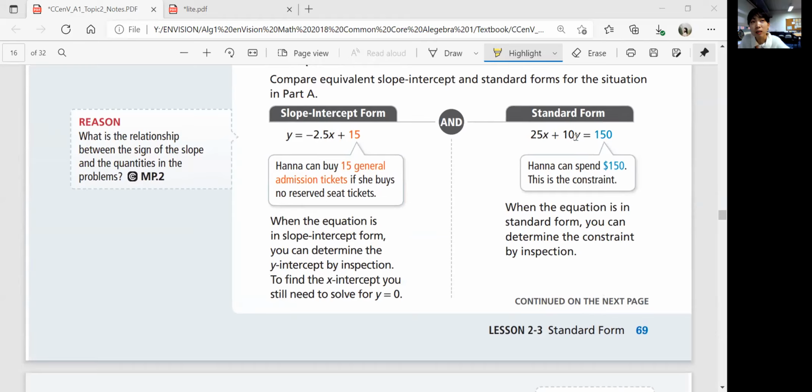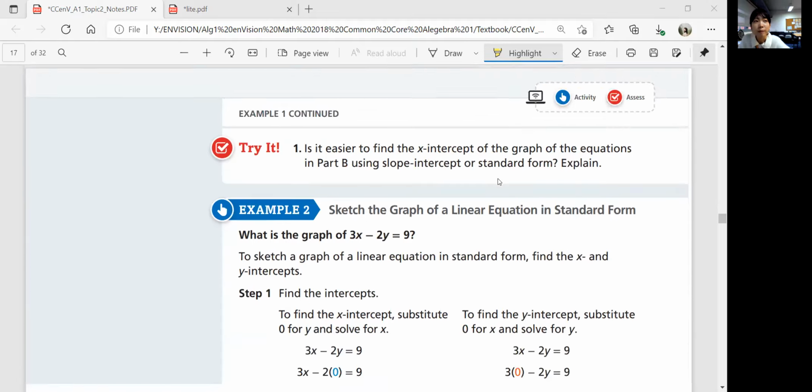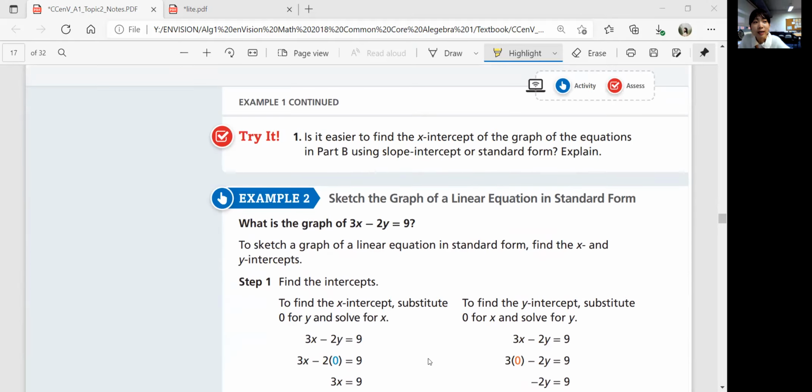Just plug in 0 and solve for x. Right, 25x is equal to 150, so you divide 150 by 25 to get what x is. Otherwise, in slope-intercept form, you have to let y equal 0, and then you have to move 15, divide by negative 2.5. So it's a little bit more steps. Okay, so let's write that down.